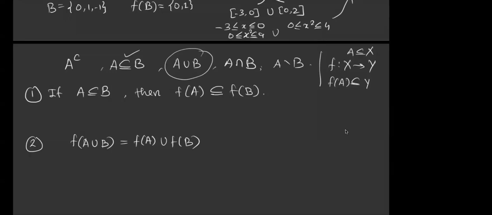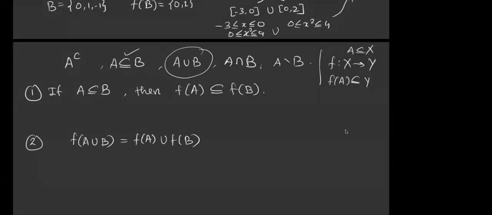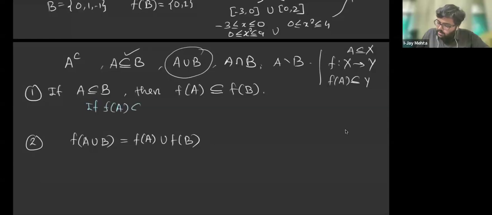If F of A is a subset of F of B, then A is a subset of B. Yes, good. Now you started thinking that way, right? Whenever you see such a statement, you always ask, what about the converse? If we are given F of A is a subset of F of B, can we say that A is a subset of B? This you think about. Check and discuss.